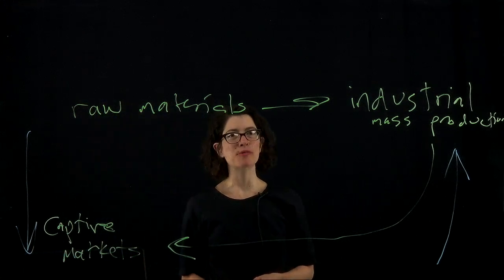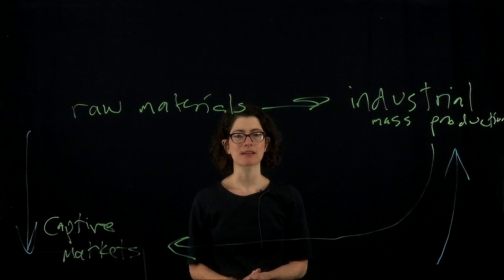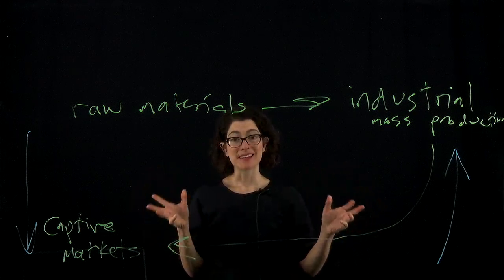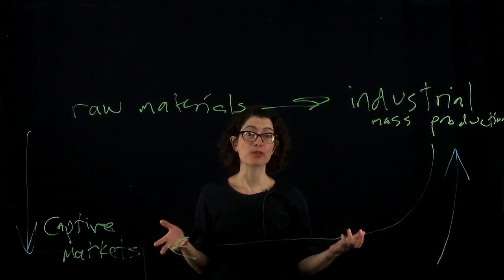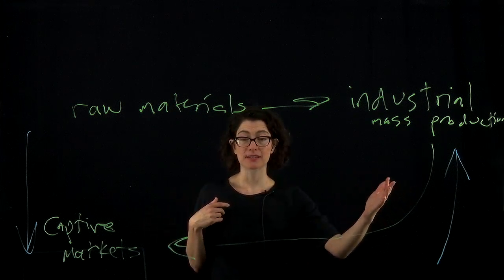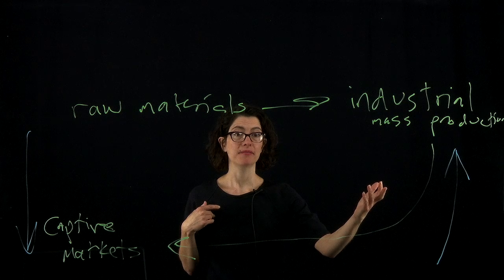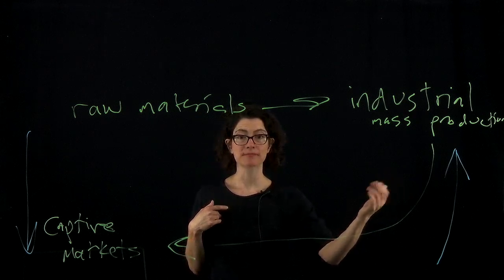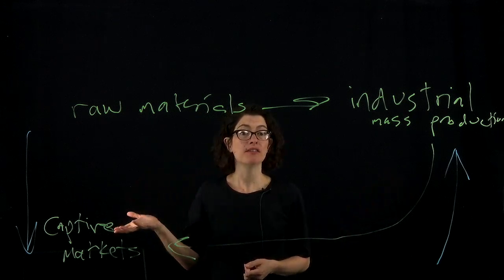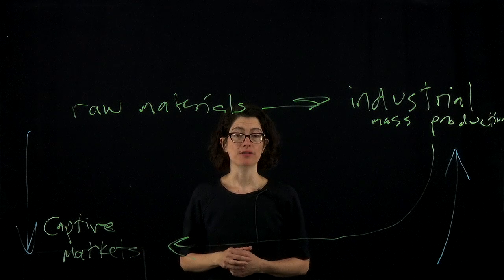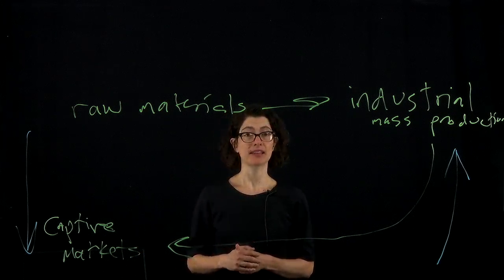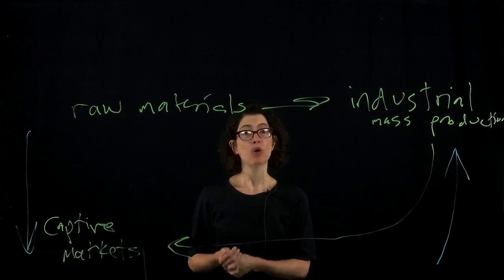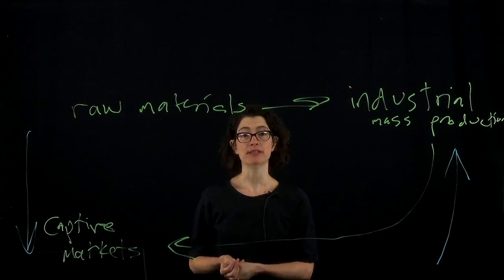This is not an abstract historical dynamic. This dynamic is at the root of what we now call the distinction between developed countries, countries with industrial mass production, and what we call undeveloped or underdeveloped countries, countries whose economies largely depend either on subsistence farming or on the extraction of raw materials.